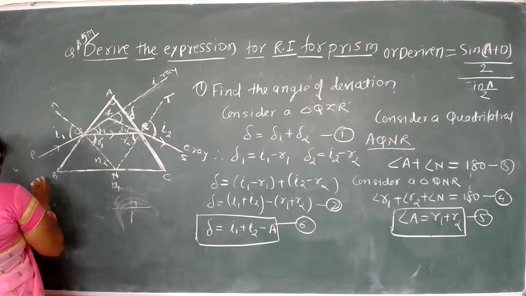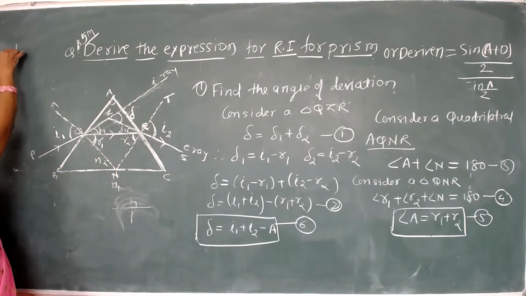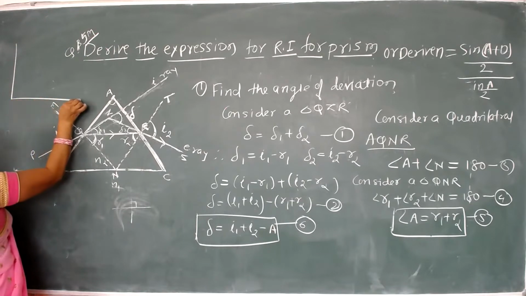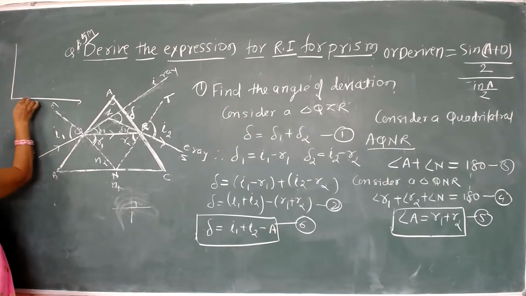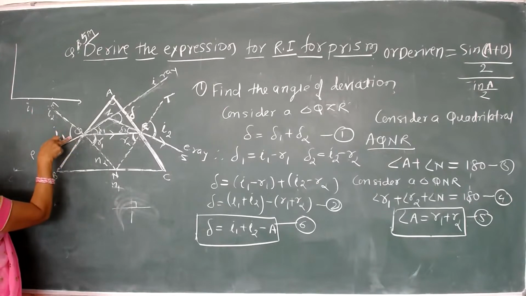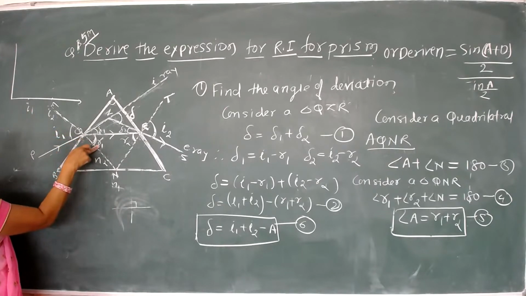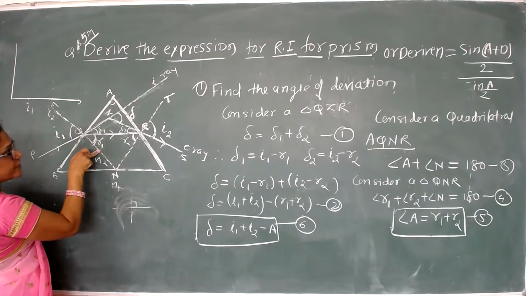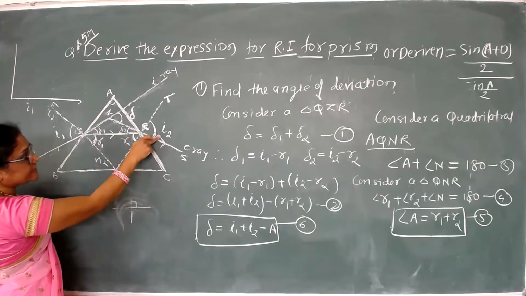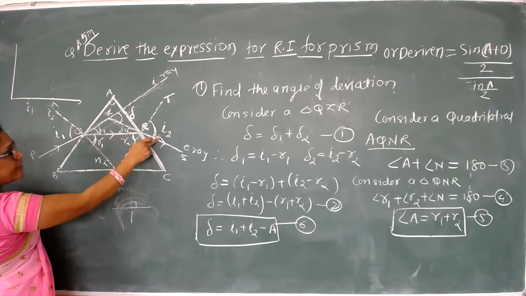So here, when the angle of incidence changes, we draw the graph relating the angle of incidence and the angle of emergence, I1 and I2, and the deviation. If the incident angle changes, the refracted angle also changes, and if the refracted angle changes, the angle of emergence also changes. That means I1 depends upon I2.